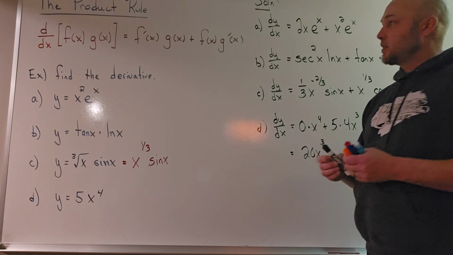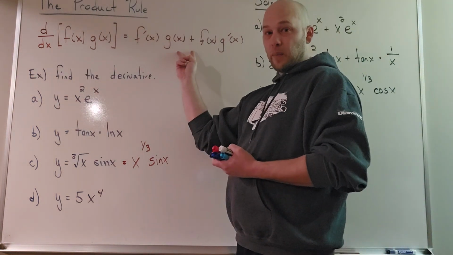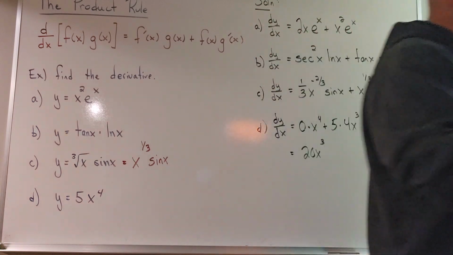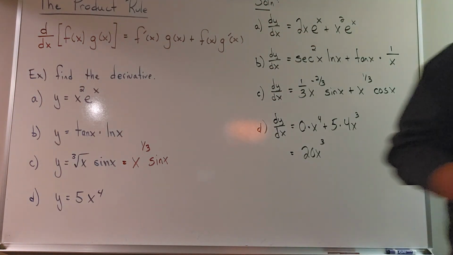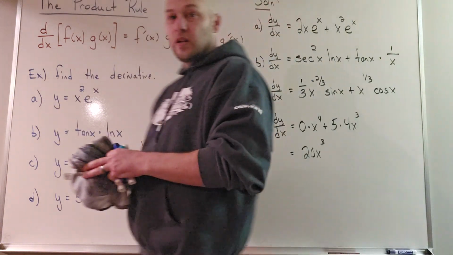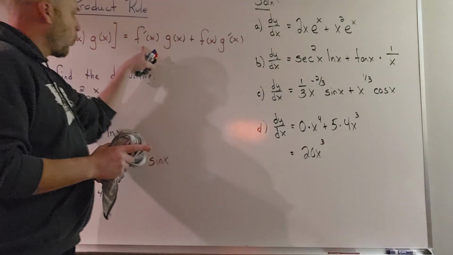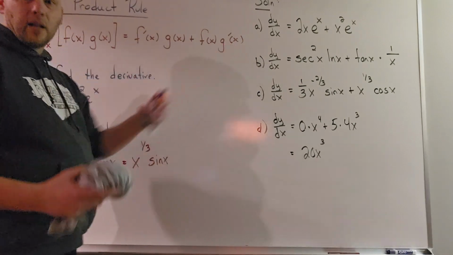If anybody wants to see where this rule comes from, let's take a look at the proof of that. It's pretty straightforward. All I have to use is the definition of a derivative using the limit of a difference quotient. But there is a little trick there, and that little trick is why we get this. Okay, let's take a look at that.